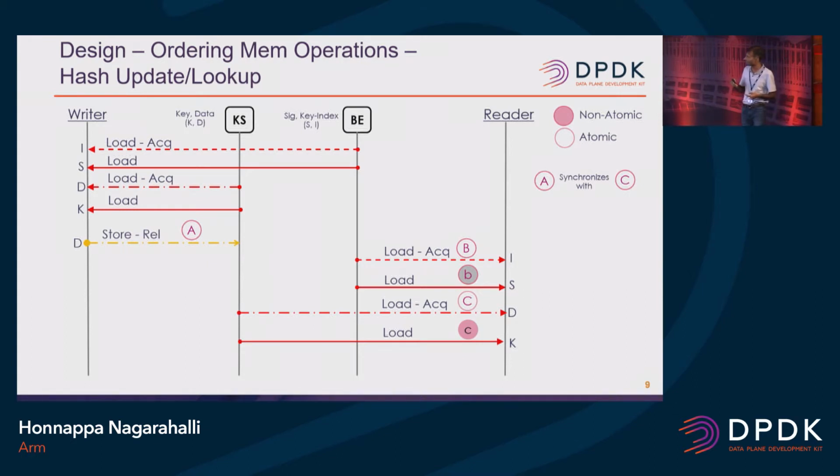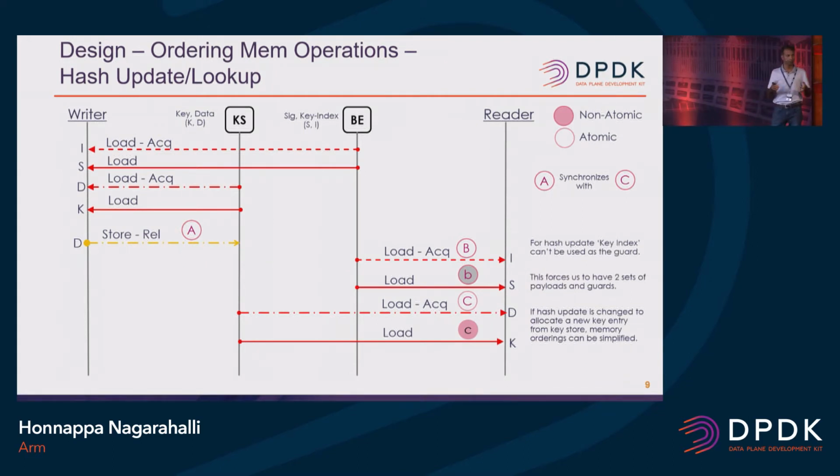And I think if we can change the hash update to allocate a new entry and copy the key and data into that, I feel that we can have one set of payload and guard.